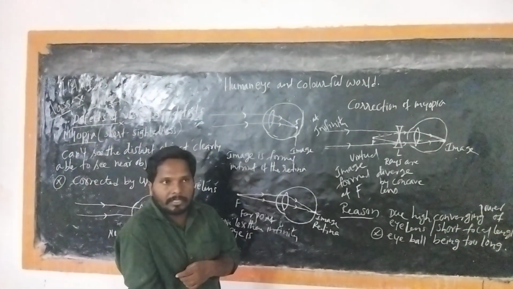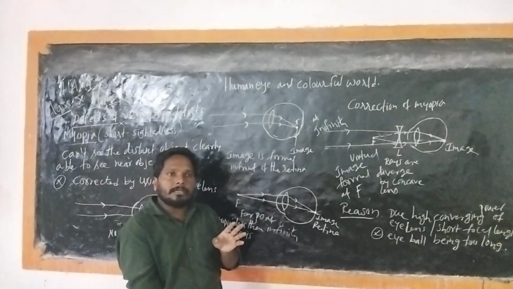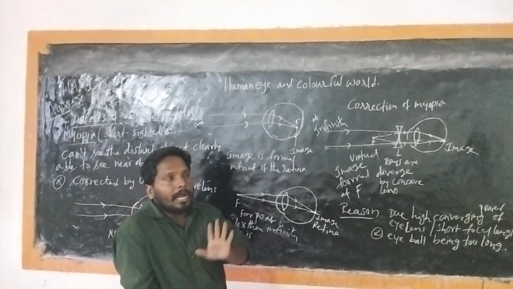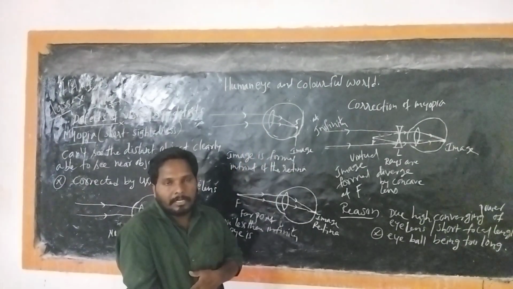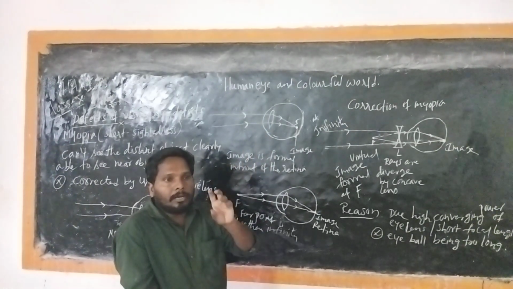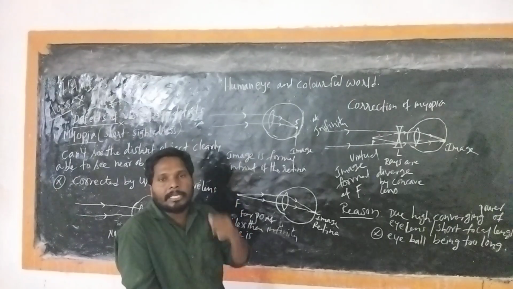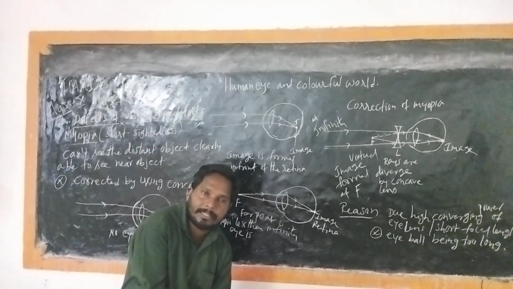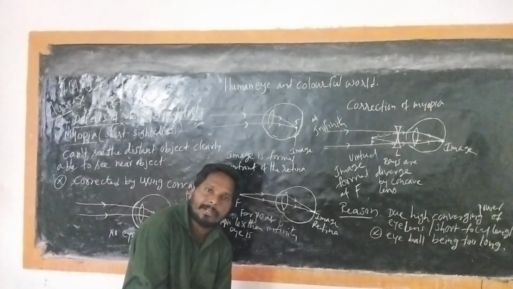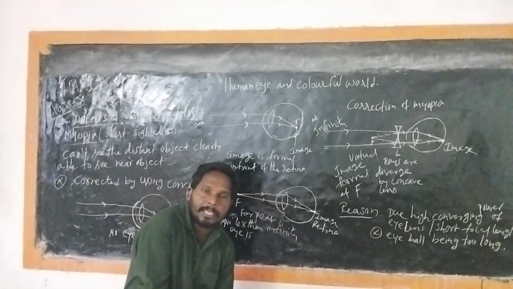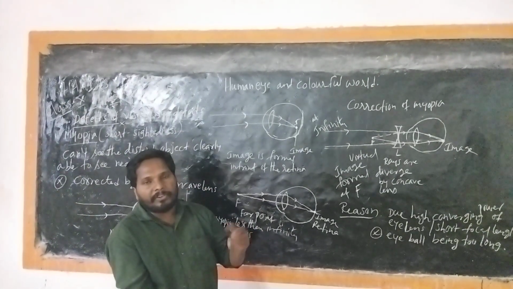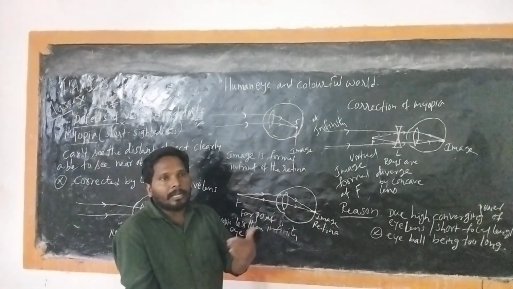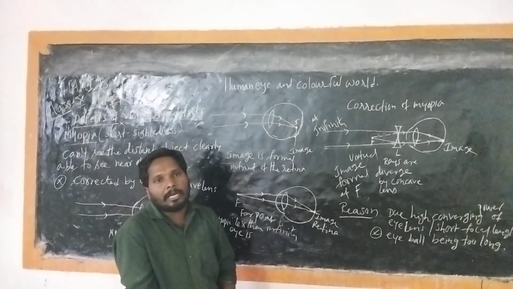If a person is suffering with myopia, they are able to see nearer objects but unable to see distant objects, because the ciliary muscles are unable to change the focal length or the converging power of the eye lens, and the image of an object is formed in front of the retina. So the person is unable to see the object.